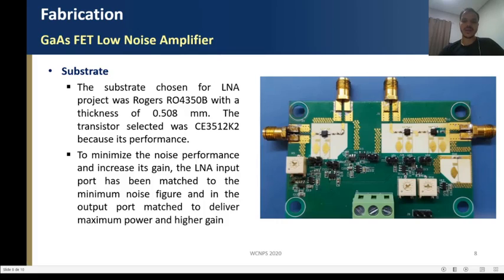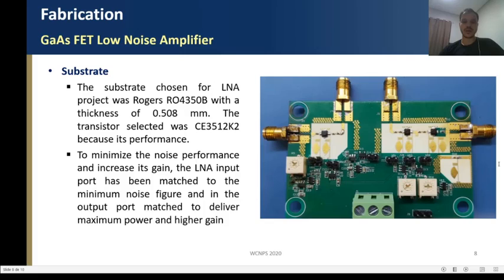To minimize the noise and increase the gain, the LNA input port has been matched for minimum noise figure and the output port matched to deliver maximum power, and consequently high gain, utilizing transmission lines.